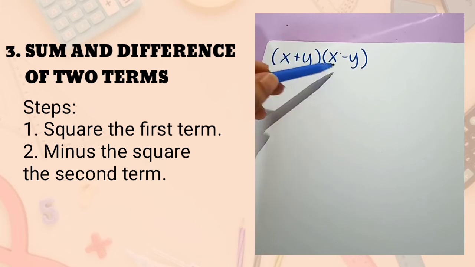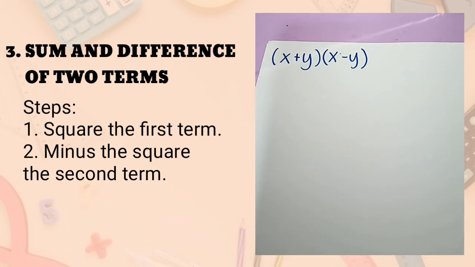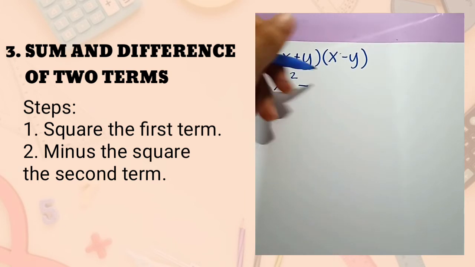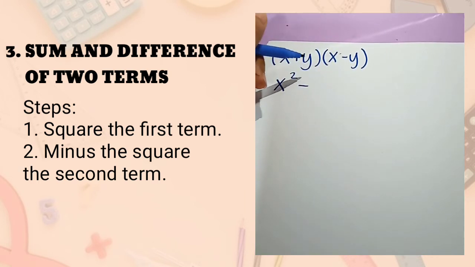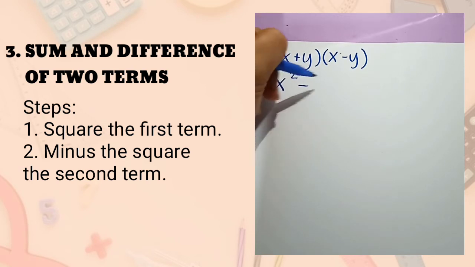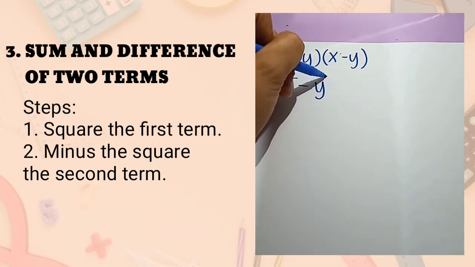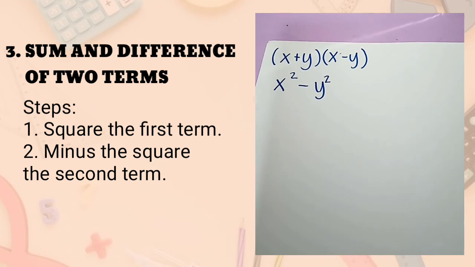Katulad nito, x at x, y at y. Okay? So, para ma-solve ang ating sum and difference of two terms in easy way, ang una nating gagawin ay we're going to square the first term. Ayan, so, x squared. Then, ima-minus natin yung square ng pangalawang term, which is y. So, minus y squared. Okay? So, this is our answer.